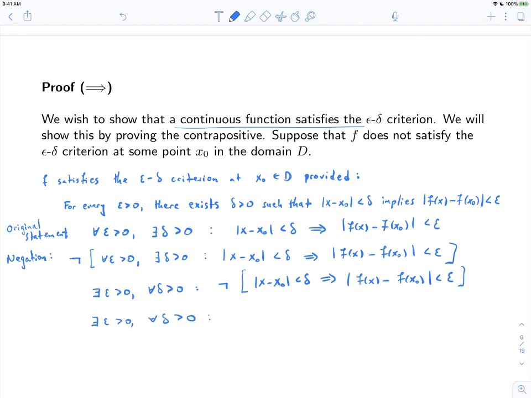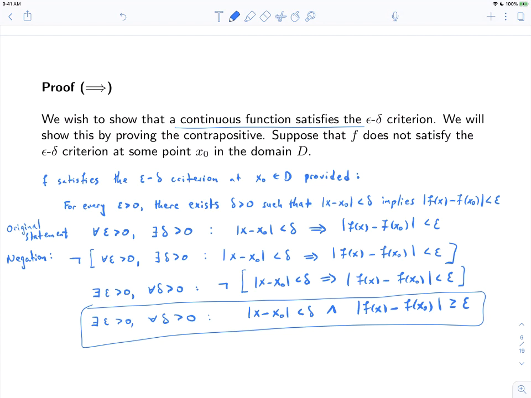If this implication is not true, then we can have the input values less than delta apart, but the output values are not less than epsilon apart. So that means we have |x minus x naught| less than delta, and also |f at x minus f at x naught| is greater than or equal to epsilon. So this is the negation right here.